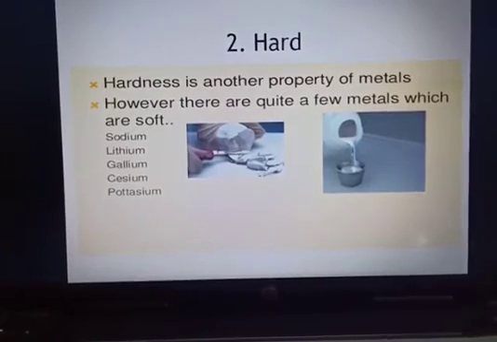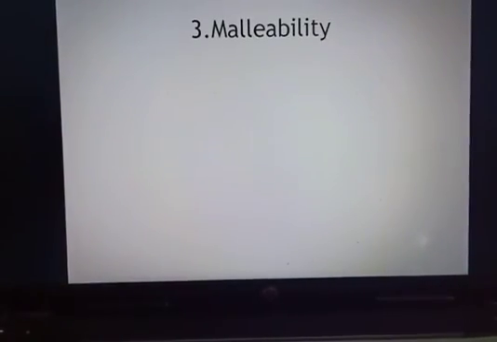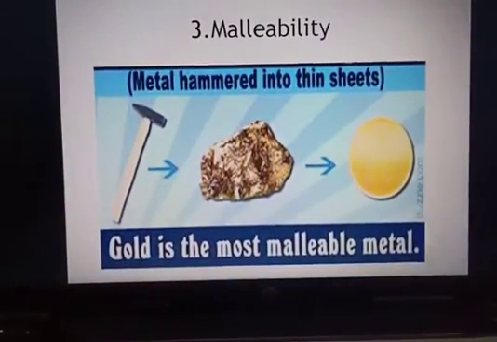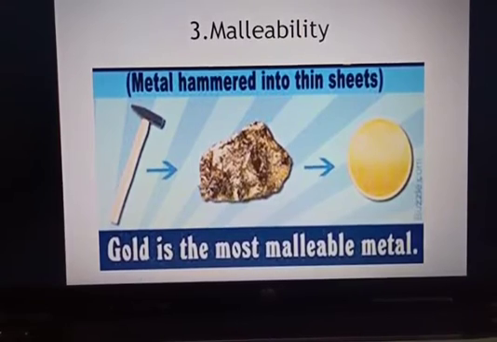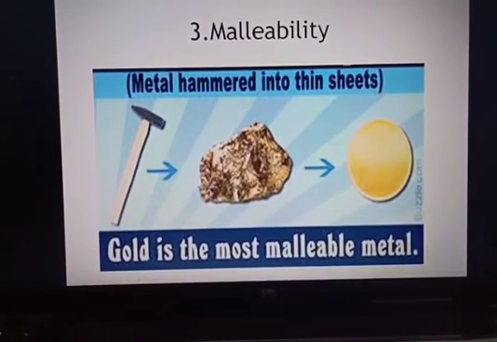Then we have the third property, that is malleability. A very thin plate of gold can be easily shaped with pressure, right? If we talk about how we form aluminium sheets or copper sheets or zinc sheets, if I take a hammer and beat them, will they break or will they turn into sheets?